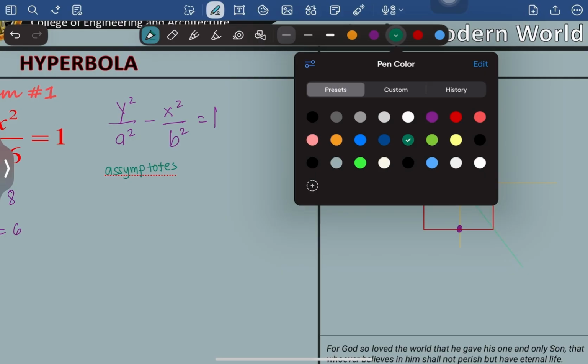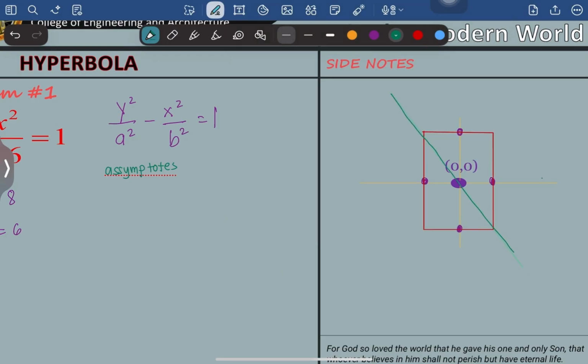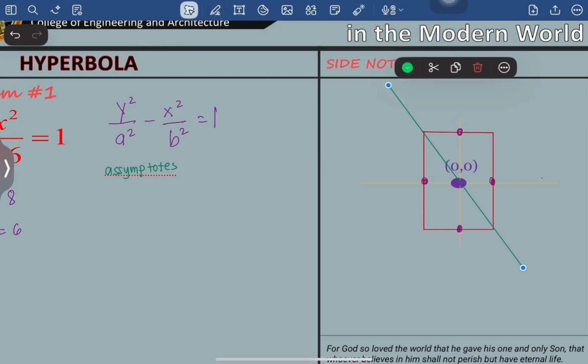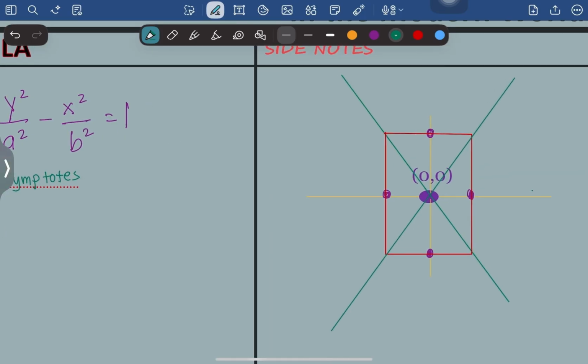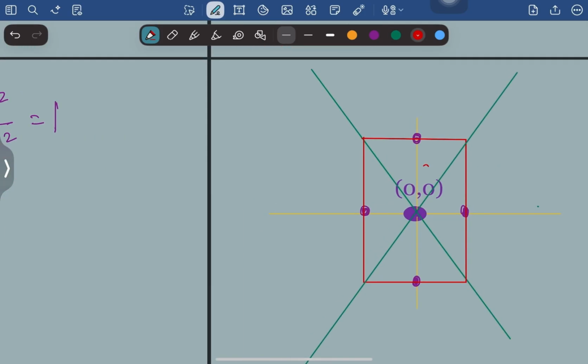Palitan na lang natin. So this is the A. So from center to one of the vertex, this is the B. Okay, palitan natin na ibang color. This is the B.